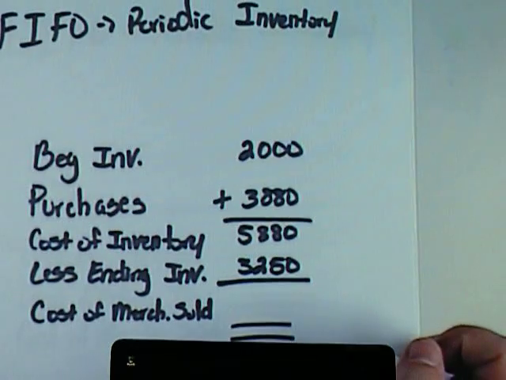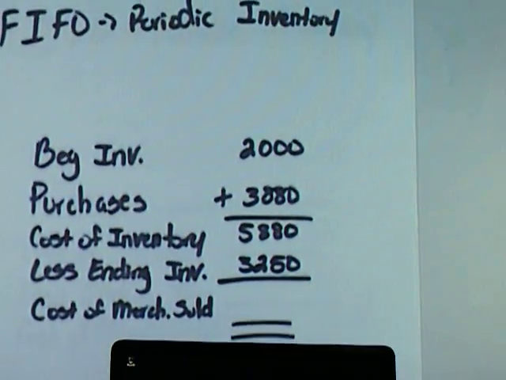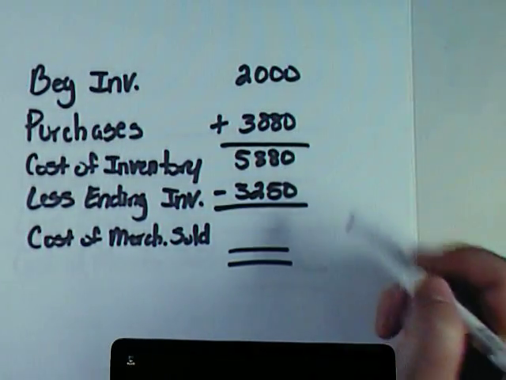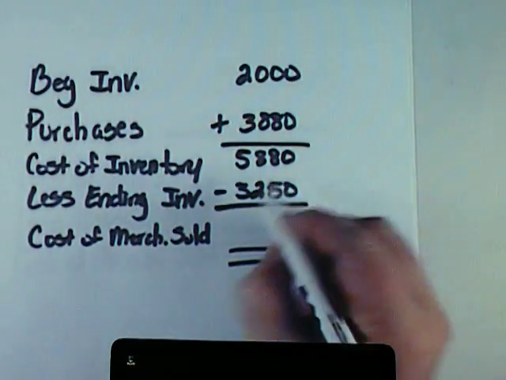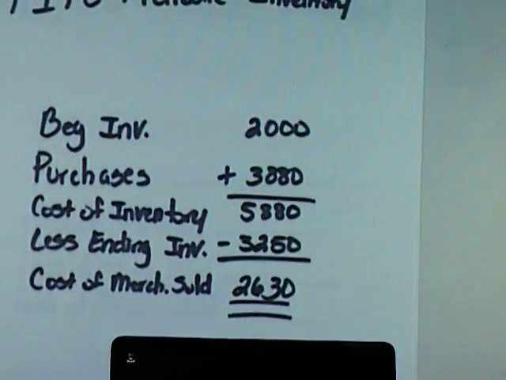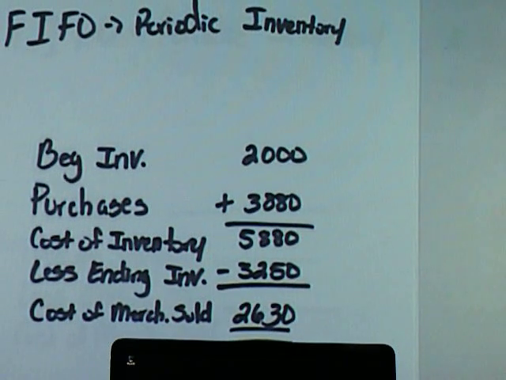Now, I'm going to determine what my cost of merchandise sold is, and I'm going to slide this up just a little bit here. I'm going to subtract this out. My cost of merchandise sold ends up being $2,630 under the periodic system, and that's how we determine this.